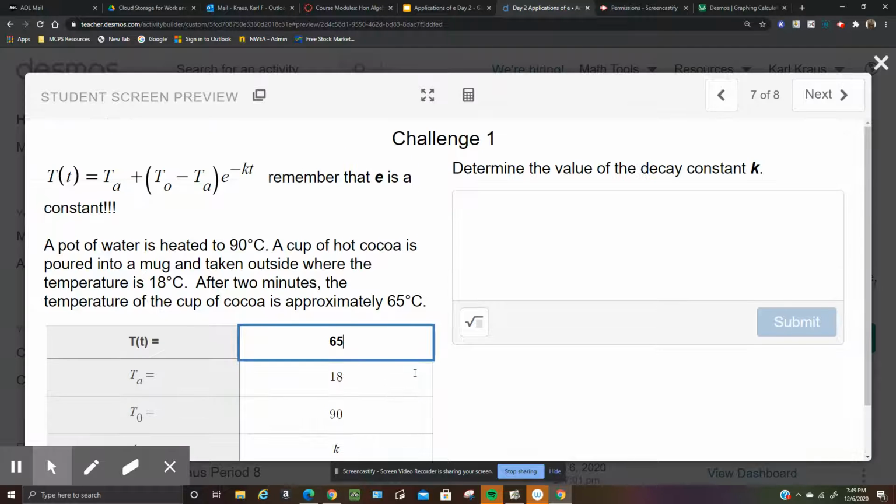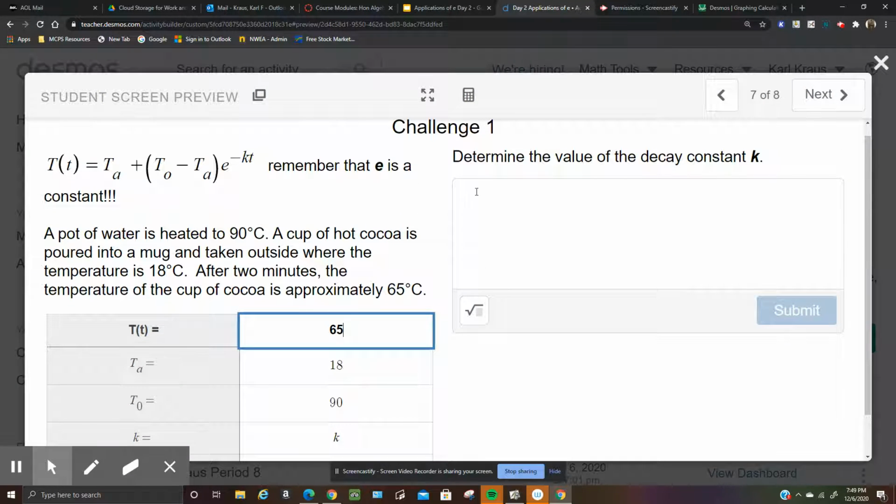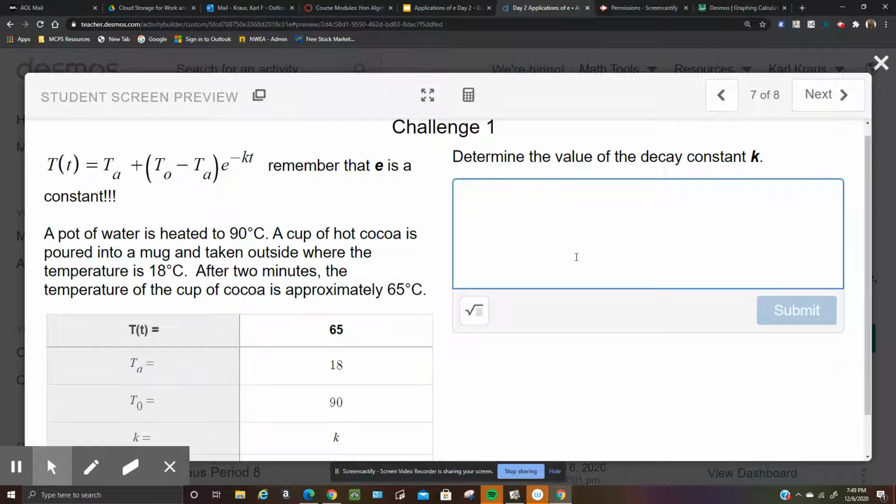So what we're looking for here is K. So 65 equals 18 plus 90 minus 18 times e exponent negative K, and t is 2.